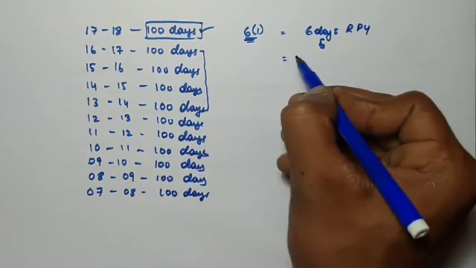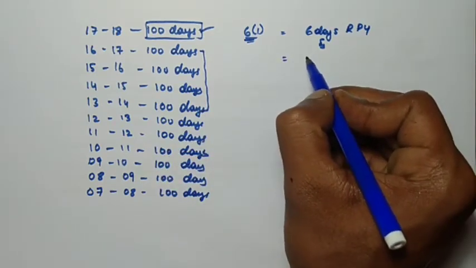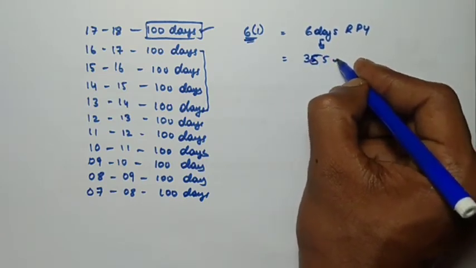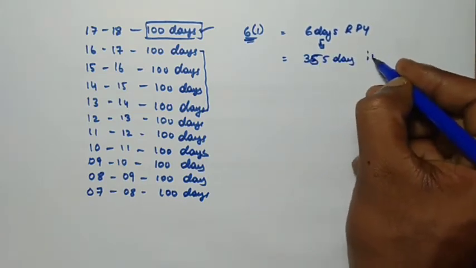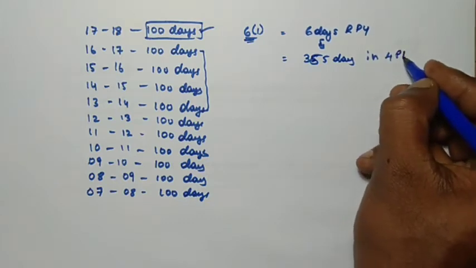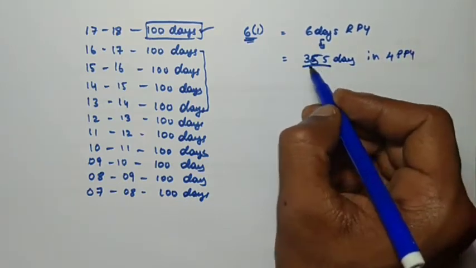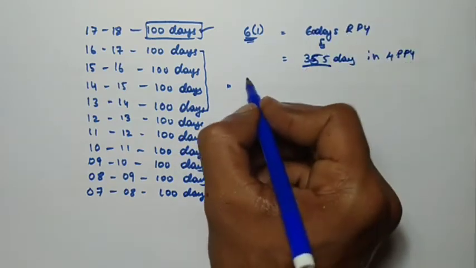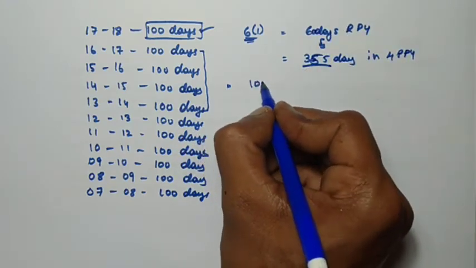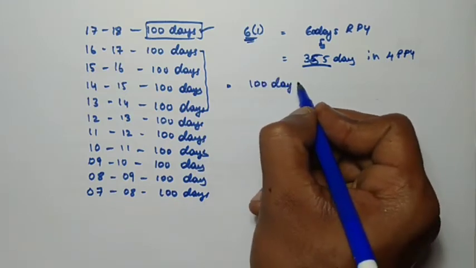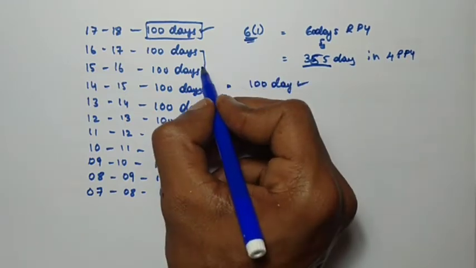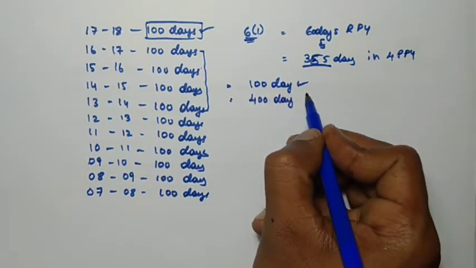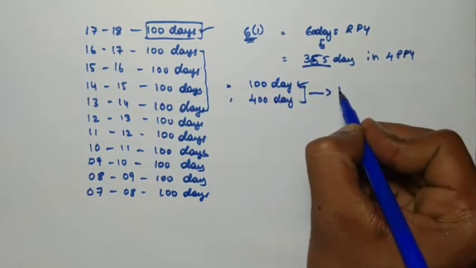He stays for 100 days in the relevant previous year, and in the 4 years, he stays for 400 days. So, he is a resident.